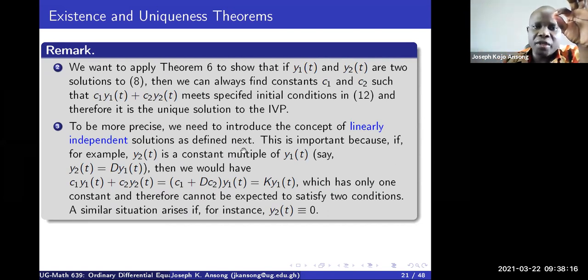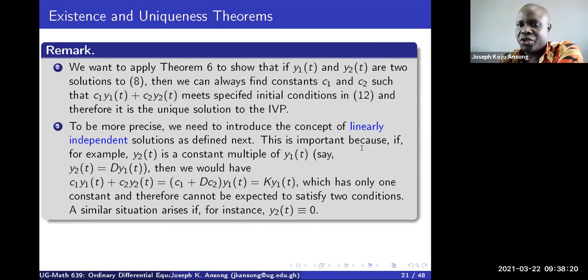That is called linear independence, or we have linearly independent solutions. We'll define that very soon. Once they meet that criteria, then we can be sure that when we combine them, C1 and C2 will actually meet the initial conditions to get a unique solution.